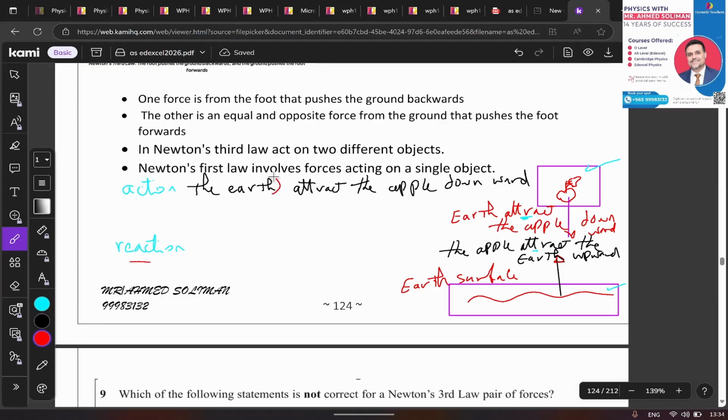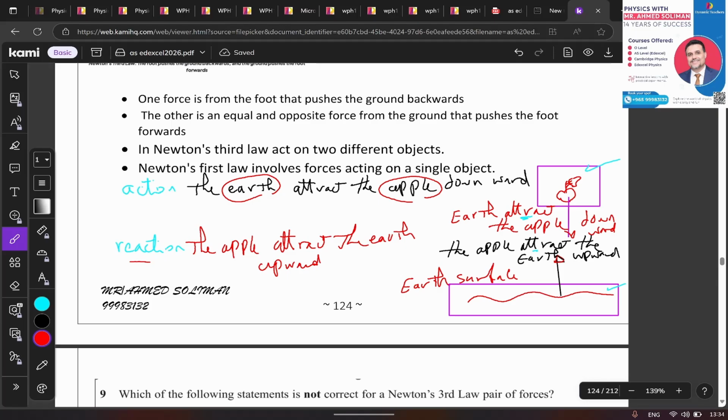Just replace Earth with apple, change the places. So now the reaction: the apple attracts the Earth upward. Now do you understand?